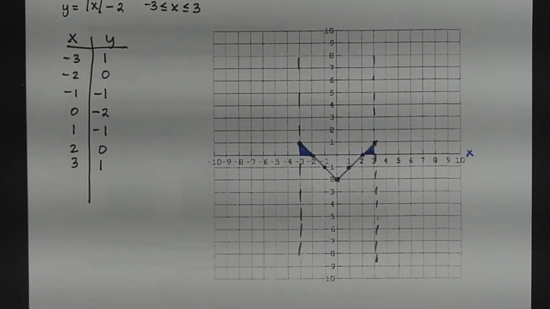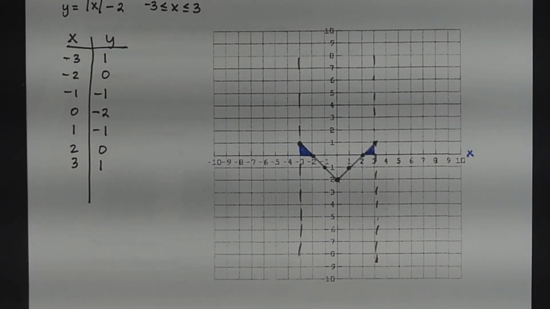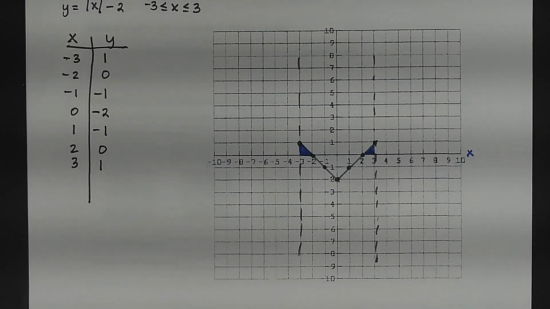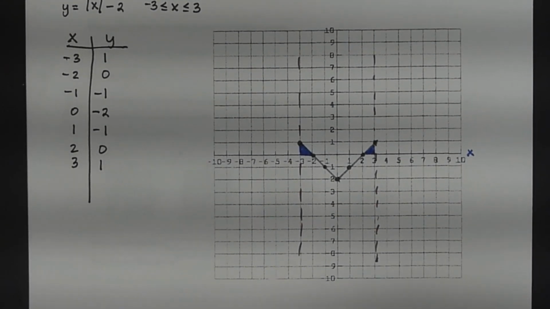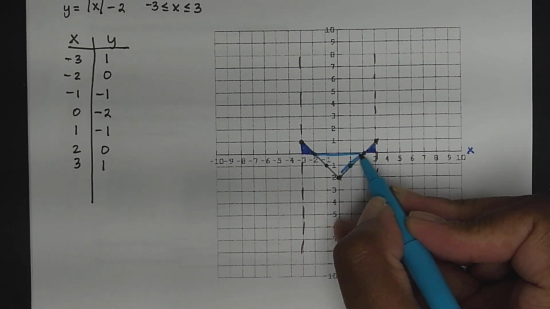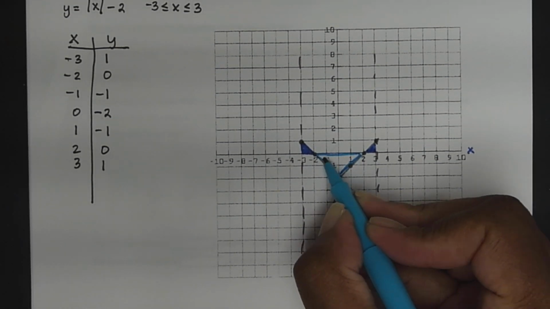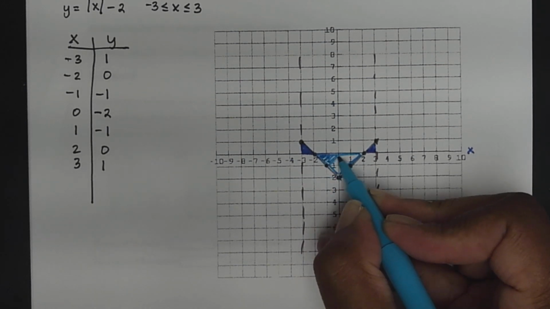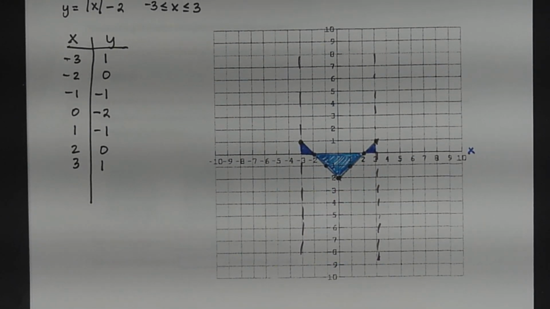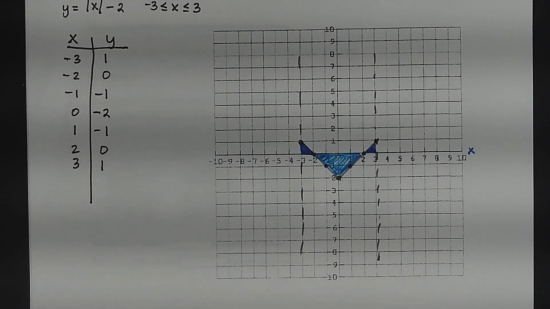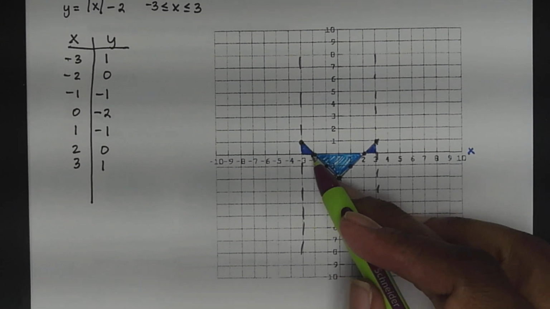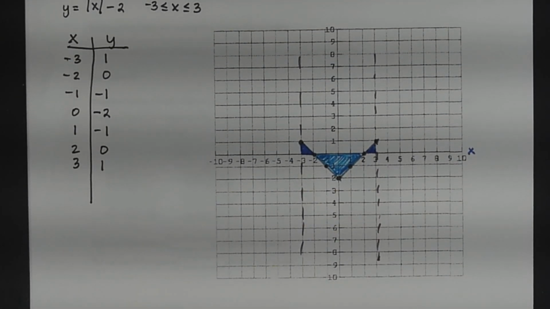And then I have another area that's going to be, in this case, here's the x-axis and here's the graph. That's this area as well. Notice that this area is below the x-axis. Below the x-axis. And these two that are in dark blue are above.